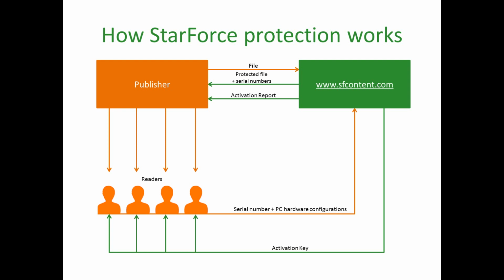And I see another question. If a user replaces something in his computer, do I need to provide him a new serial number? No, you can provide him a new activation, or it depends on the level of binding. We will discuss it a bit later.